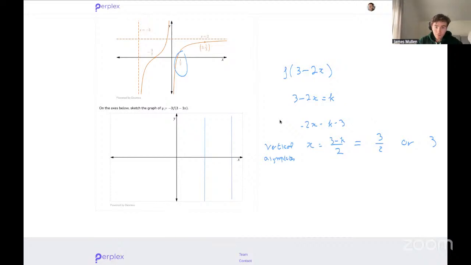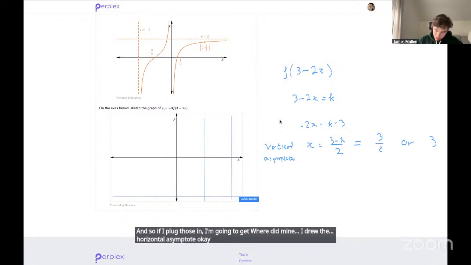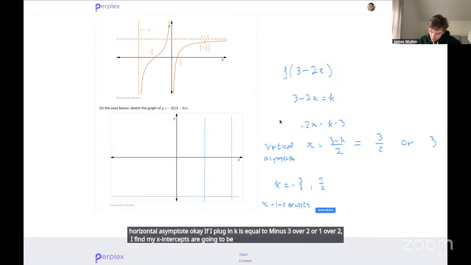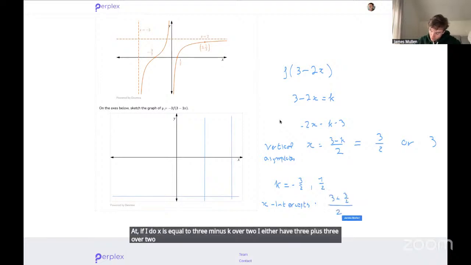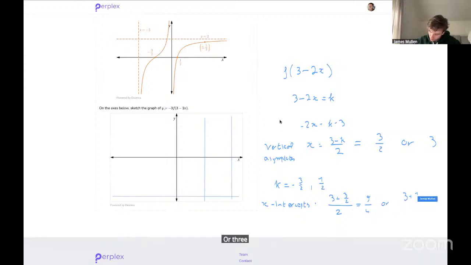If I plug in k is equal to -3 over 2 or 1 over 2, I find my x-intercepts are going to be at, if I do x is equal to 3 minus k over 2, I either have 3 plus 3 over 2 over 2, and that would give me 6 plus 3 is 9 over 4, or 3 plus 1 over 2, and that's 7 over 4.